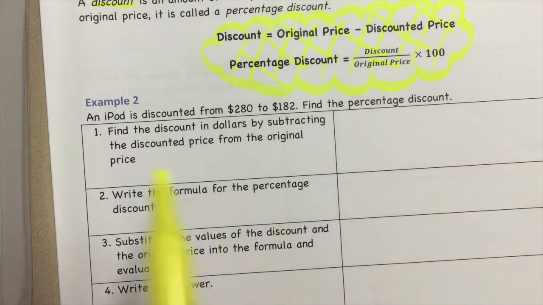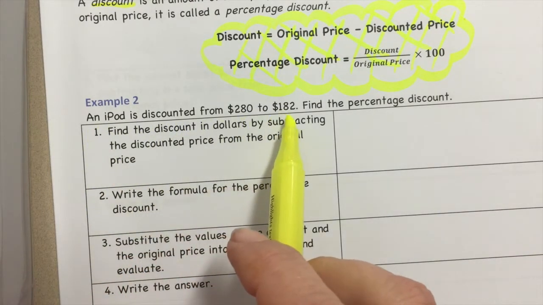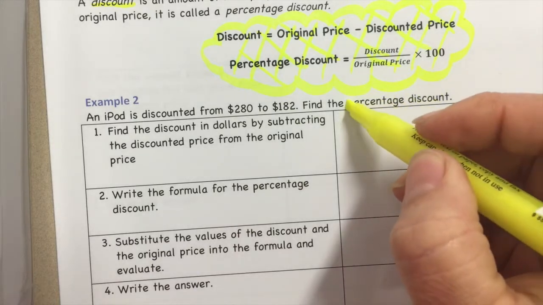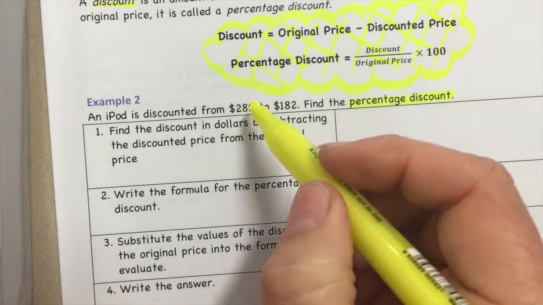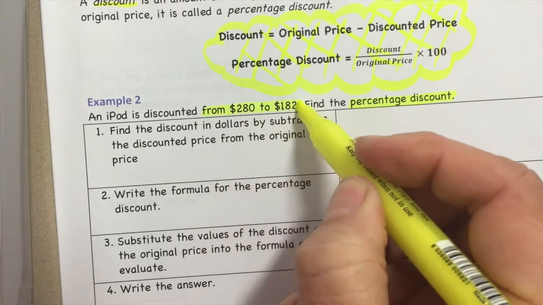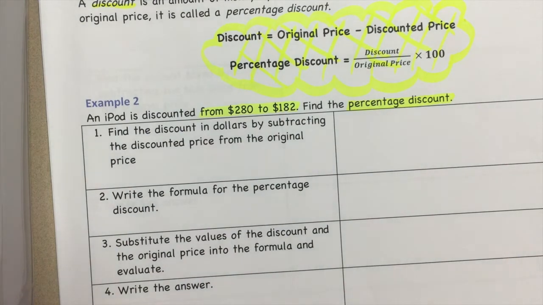Now this is a bit of a word question. It says an iPod is discounted from $280 to $182. It's asking you to find the percentage discount. So they're wanting to know by what percent is that discounted, from 280 to 182. We need to find the discount in dollars by subtracting the discounted price from the original price.